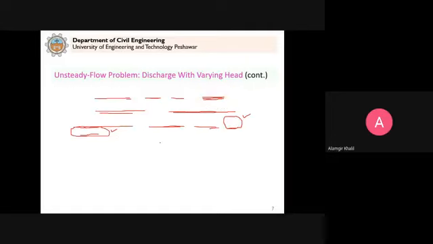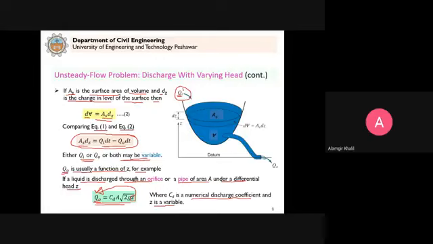This is written in your textbook. But it does not mean that Qi is not variable. Qi, the inflow rate, can be variable. It can also change. It can be variable. But this case is not discussed in our textbook.